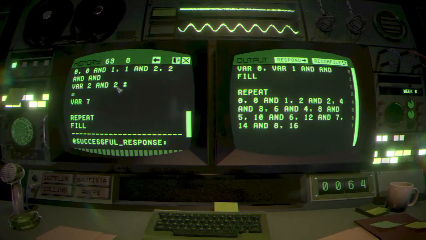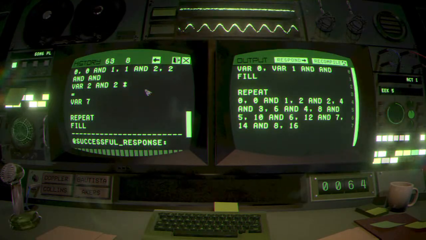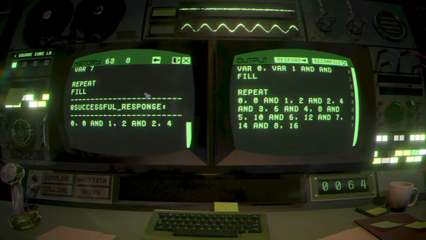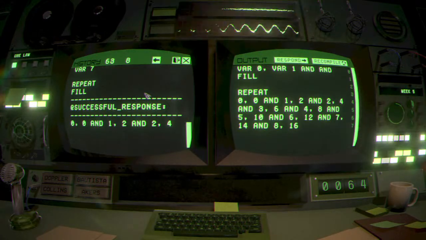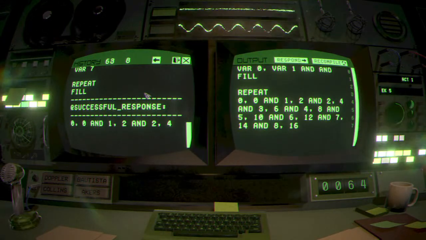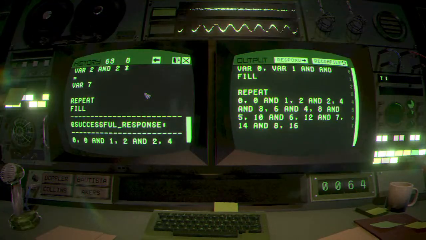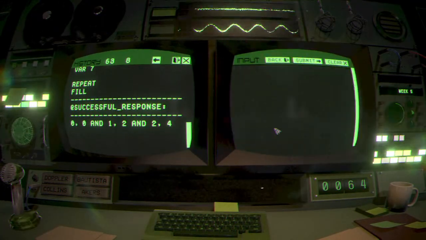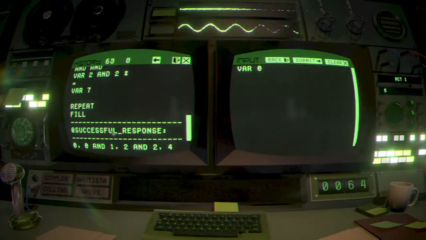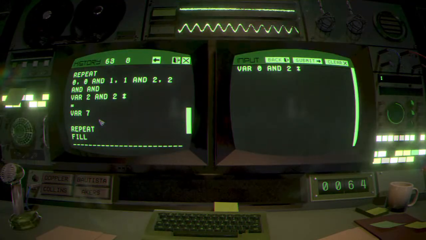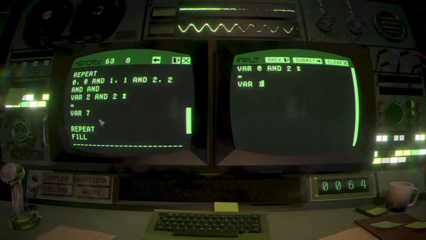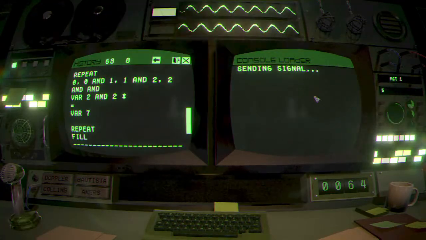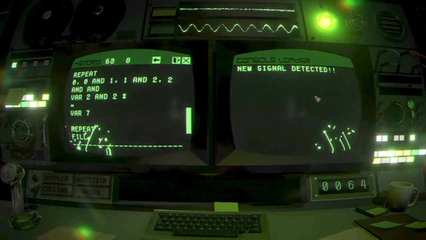Variable 0 and 2 multiplied equals variable 1. Okay, that is what it wanted.